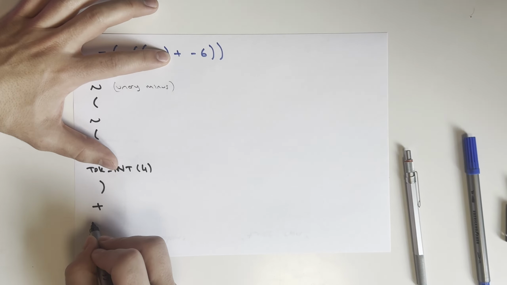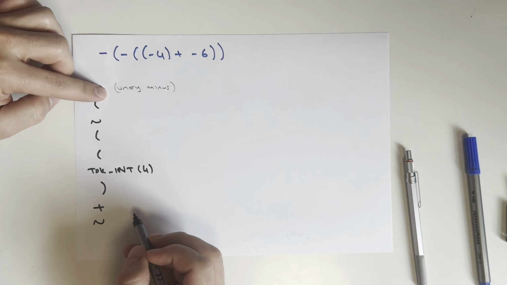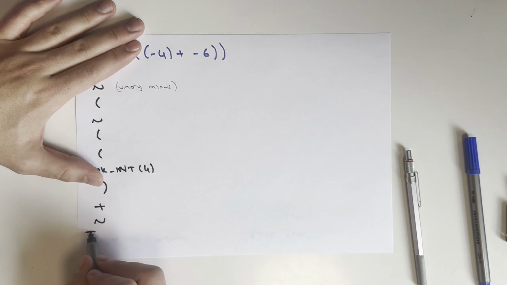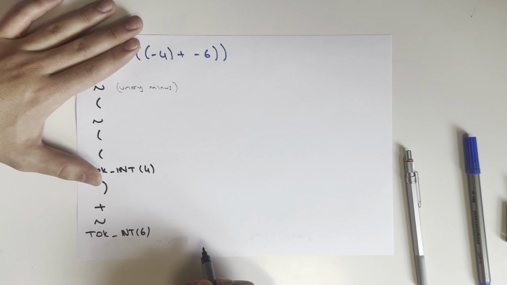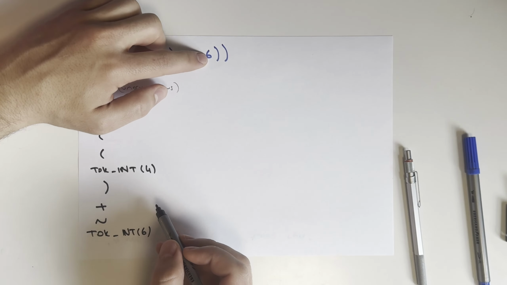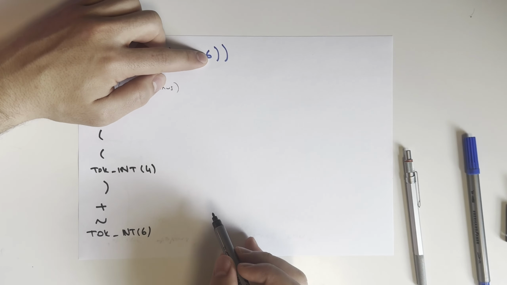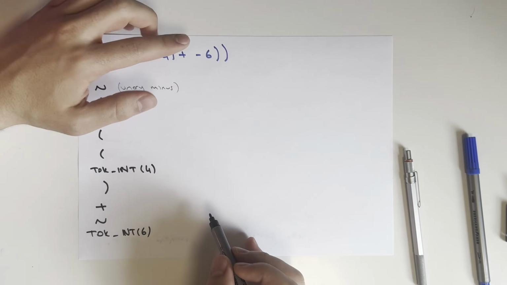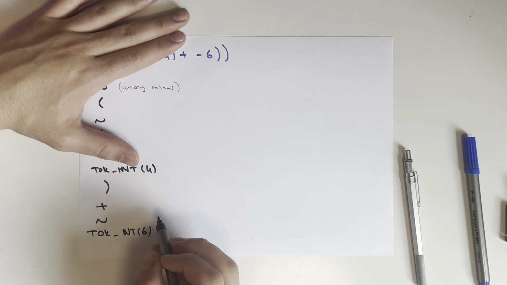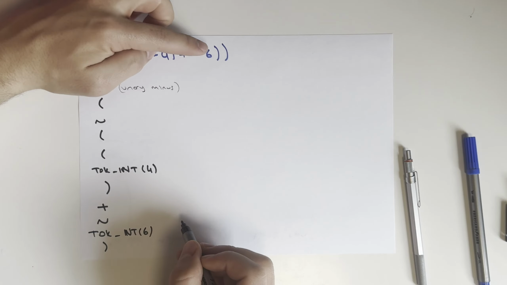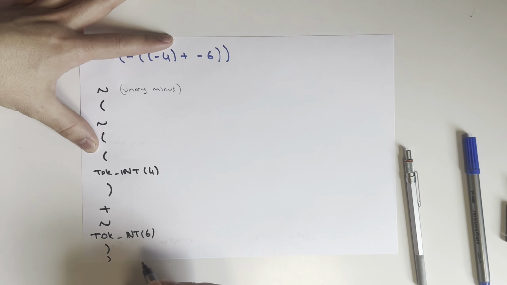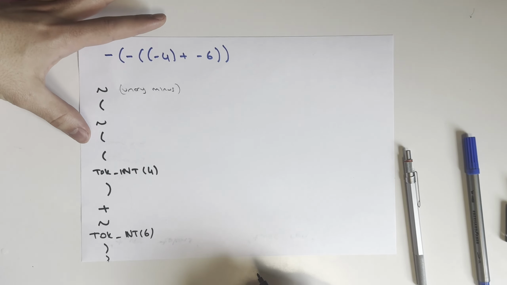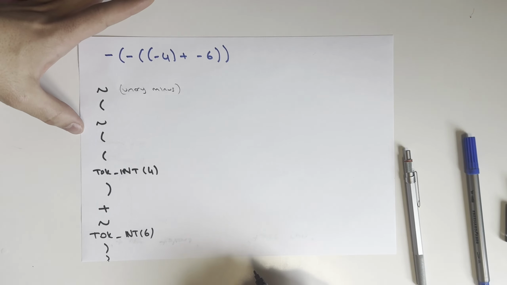And then we have another unary minus. And then we have token int 6. And then we have another right parenthesis. And then we have another right parenthesis. I hope I didn't miss anything.